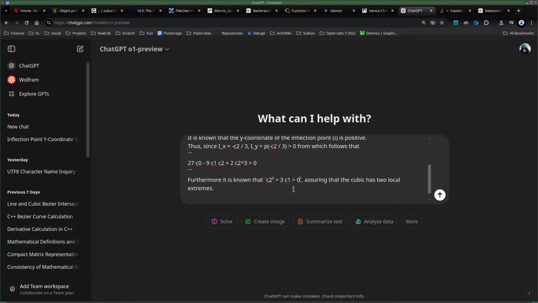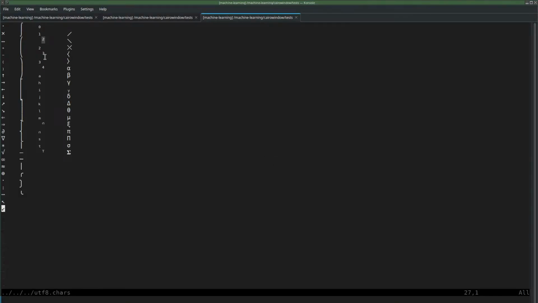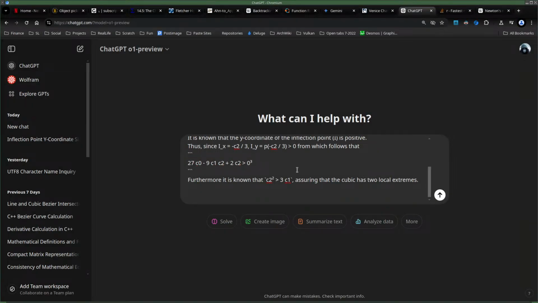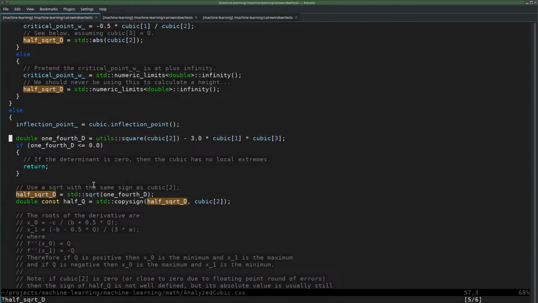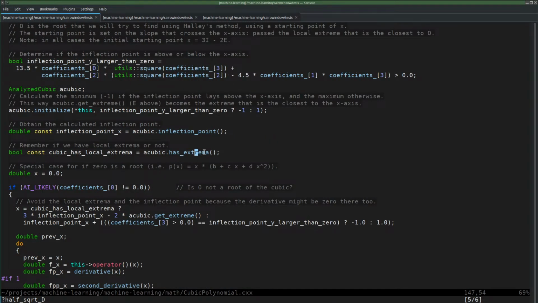So, larger than that. Okay, in that case, we know that as Extrema is going to return true.